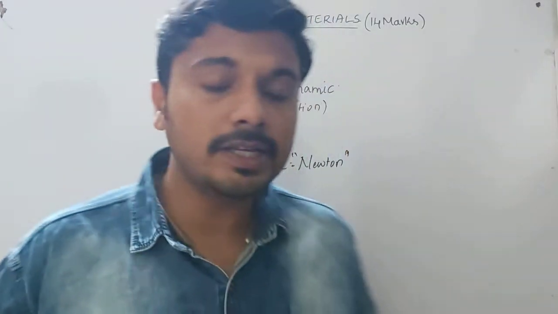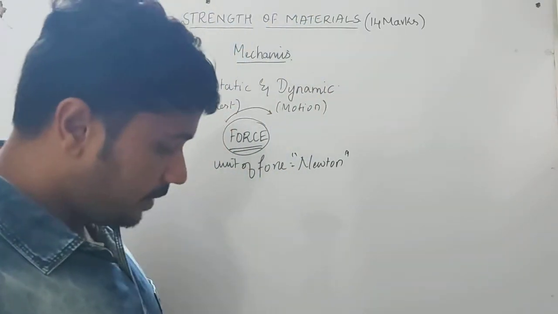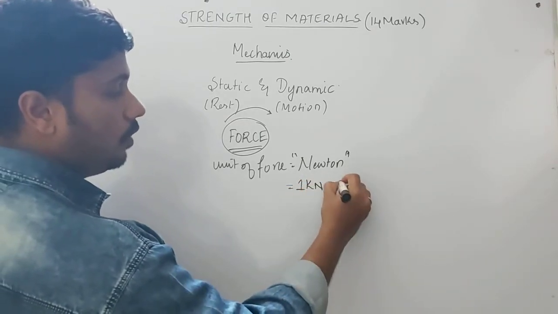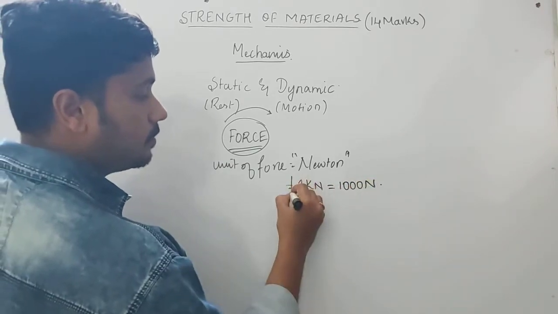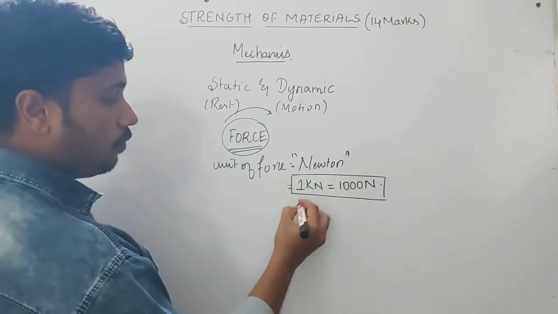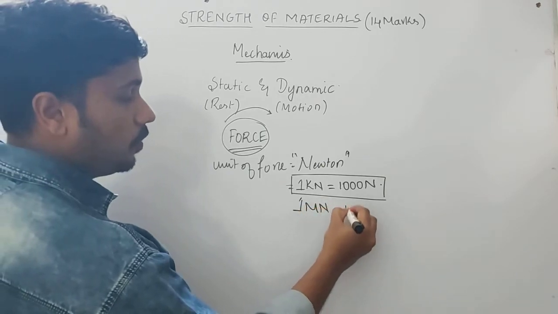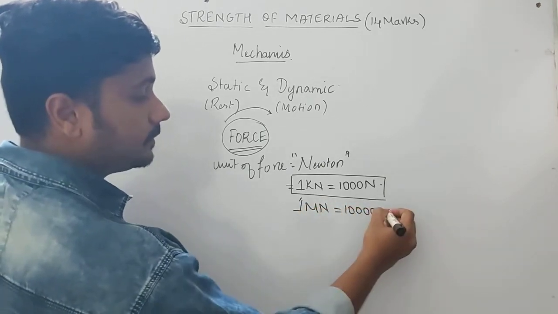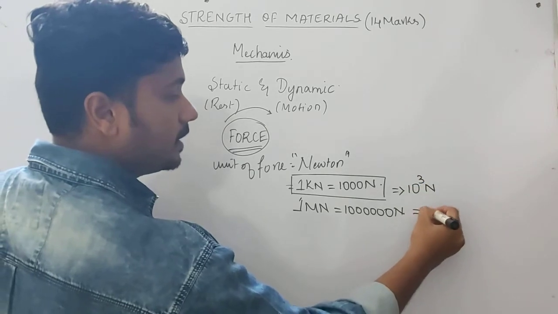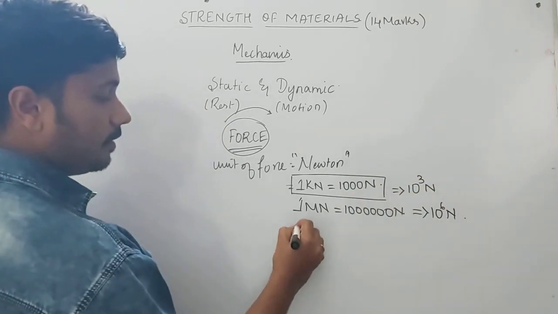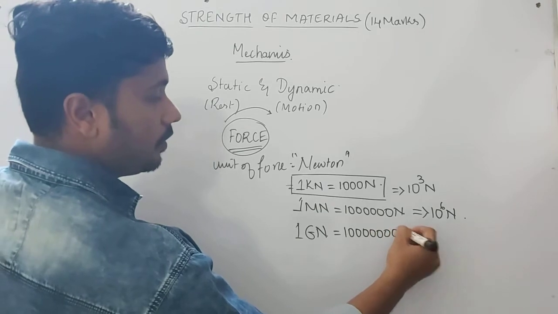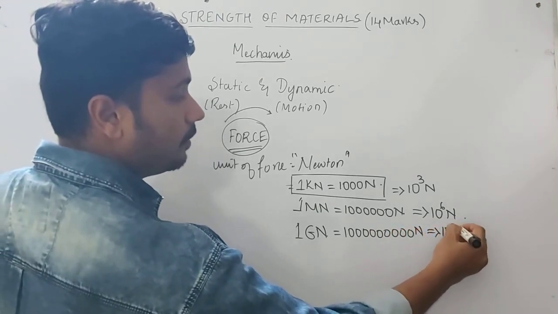We can also write that 1 kilo Newton is equal to 1000 Newton, which implies 10 raised to 3 Newton. 1 mega Newton is equal to 10 raised to 6 Newton. 1 giga Newton is 10 to the power of 9 Newton.